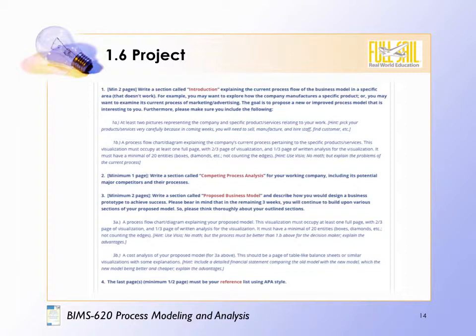In section 1, introduction, we know what the current process is. In 2, we know what the competitors are doing, in a brief description. And in 3, you tell me what you plan to do. You have 3 more weeks to fully develop this, so your proposed business model is top level.